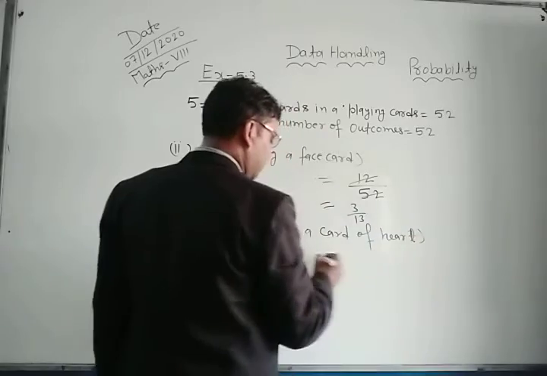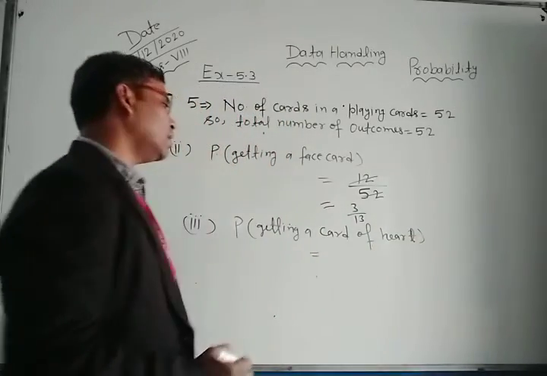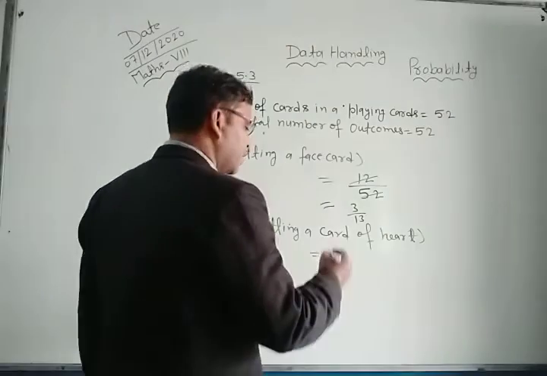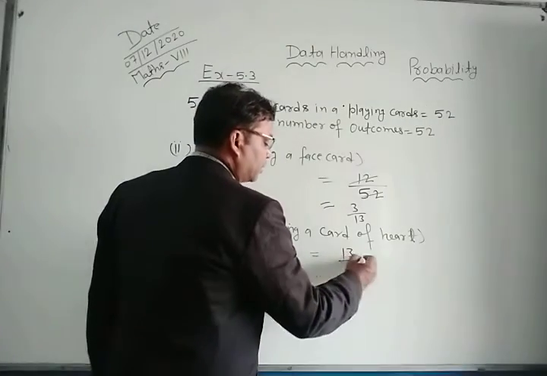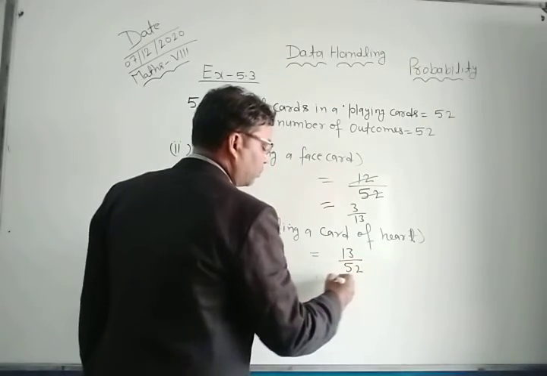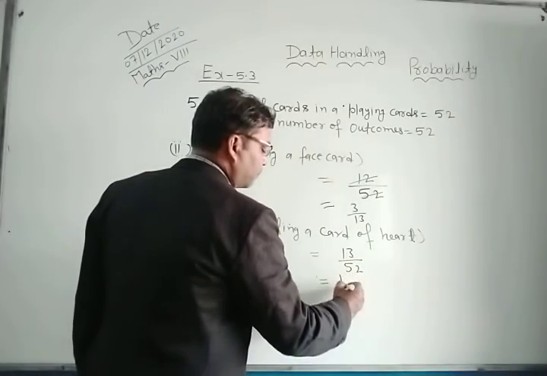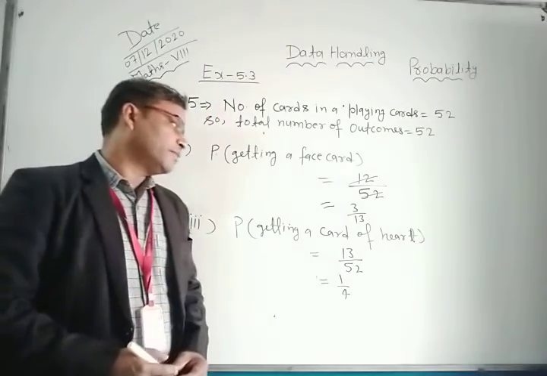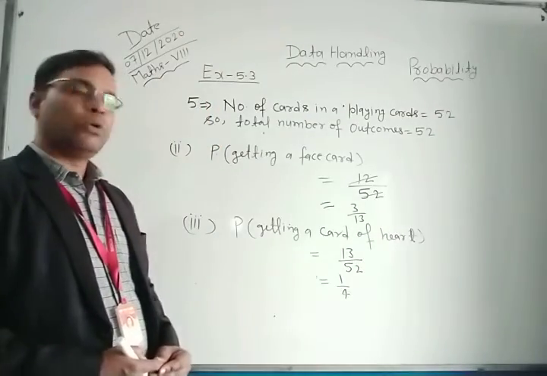How many cards of heart are in a pack of playing cards? 13. So you write here 13, the favorable outcomes. All possible outcomes is 52. This is equal to 1 by 4. So the probability of getting a card of heart is 1 by 4.